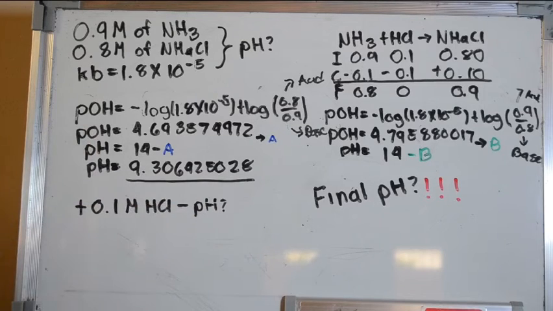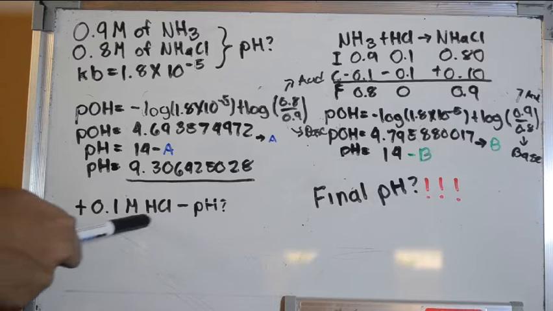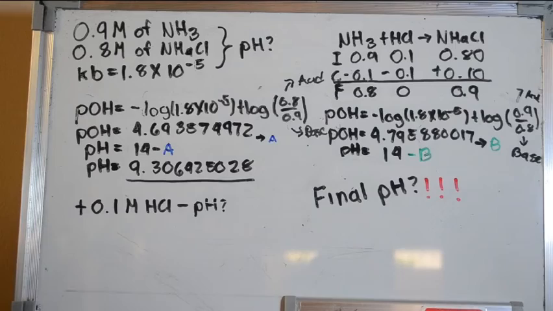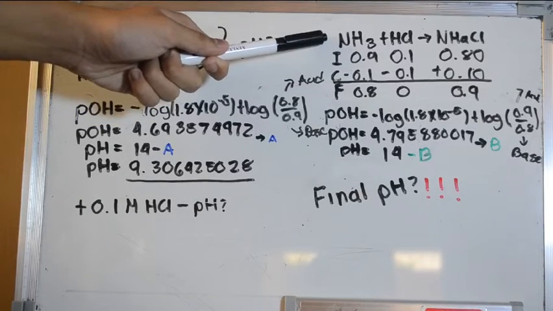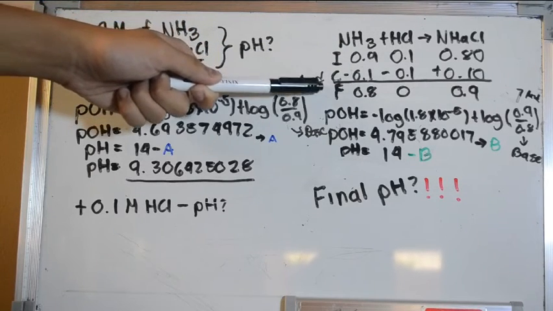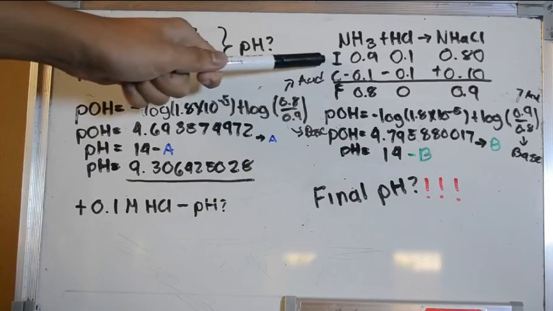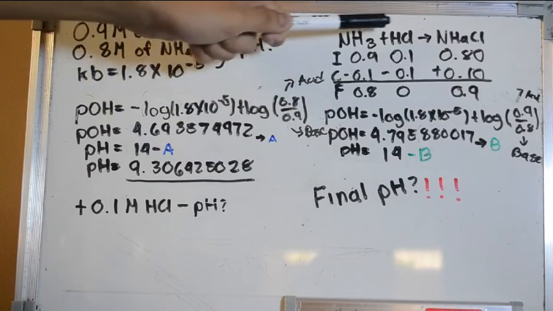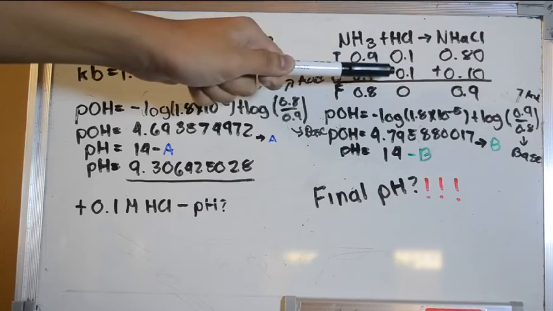But now, we add 0.1 molarity of HCl, and we find the pH. Here, we arrange the table with the reactants and its product. Then we form an ICF table. We place the initial concentrations, and here, we make sure that HCl is erased from the equation by making it 0.